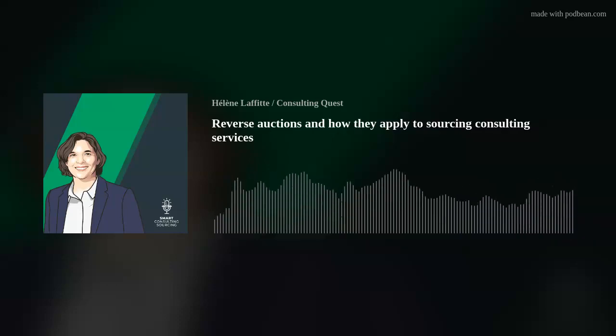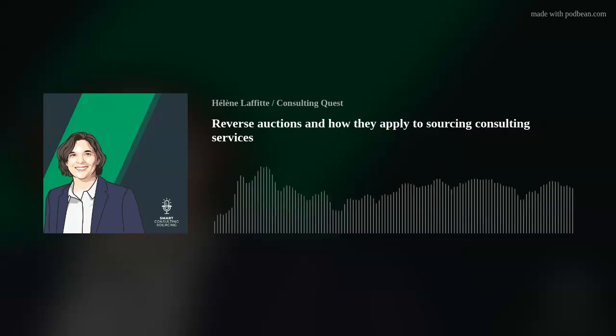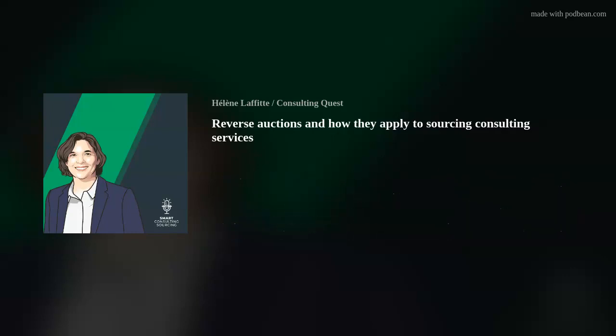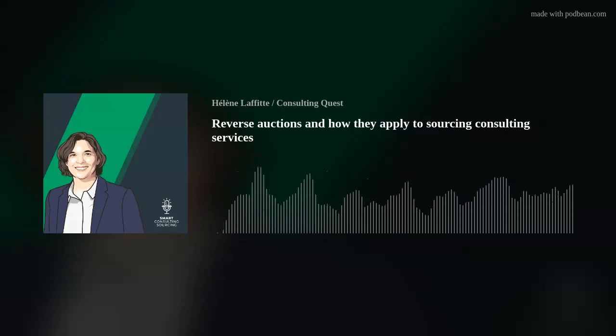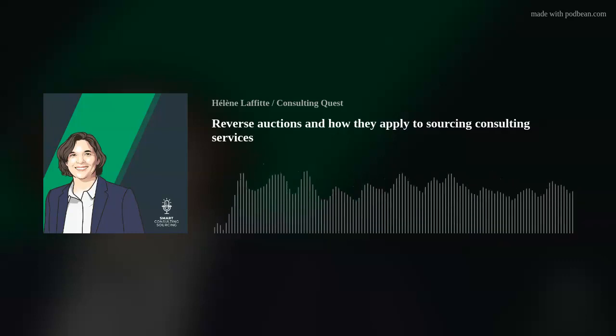So first question, what are reverse auctions? Basically, reverse auctions are a type of bidding process where suppliers undercut each other and progressively reduce their price. You know how in an auction, the seller lists a product at X dollars, and you'd find yourself competing with other buyers to get the product for more than the previous bidder.